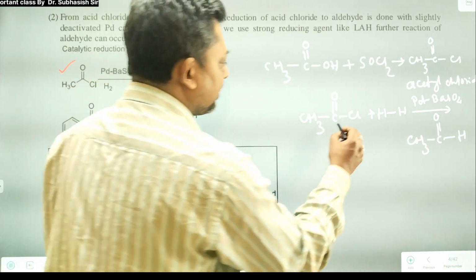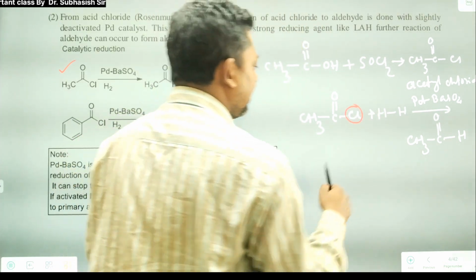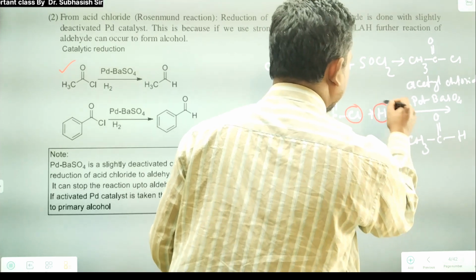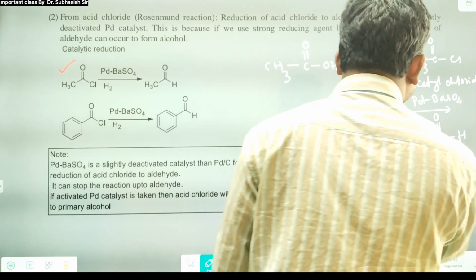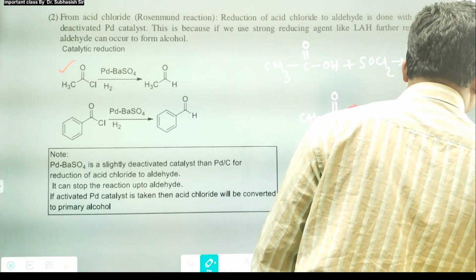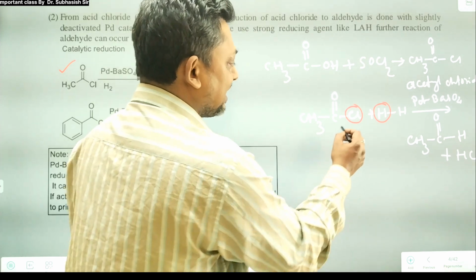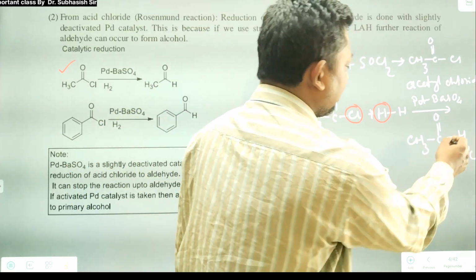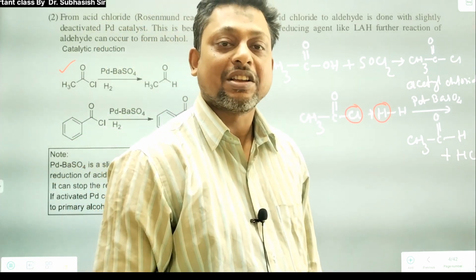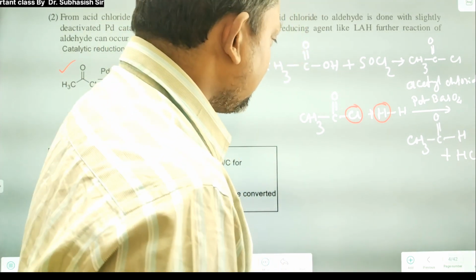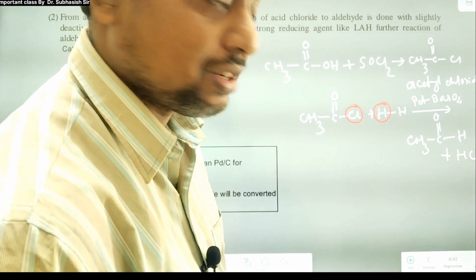This chlorine is replaced by this hydrogen. This hydrogen and this chlorine will combine to form HCl. So chlorine is going out and hydrogen is coming in. So it is nothing but a reduction reaction. Clear? These kinds of reaction are called reduction reactions.